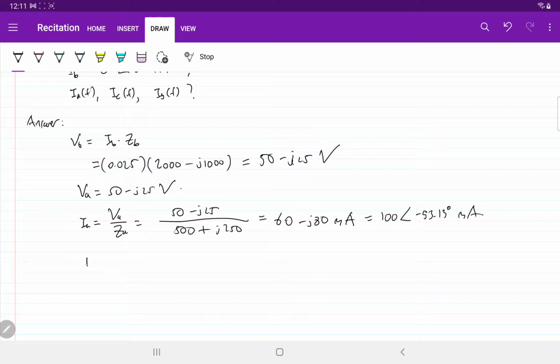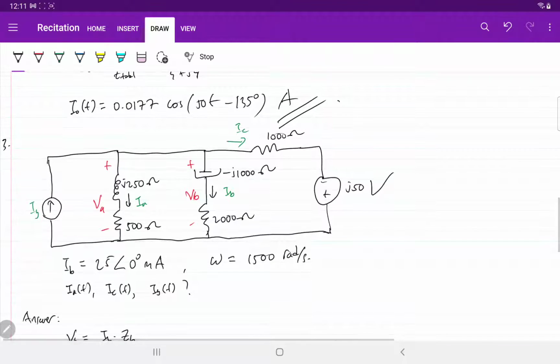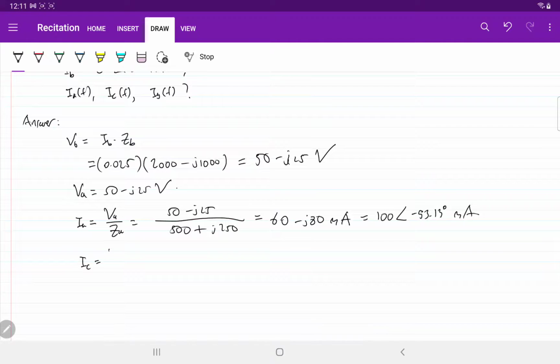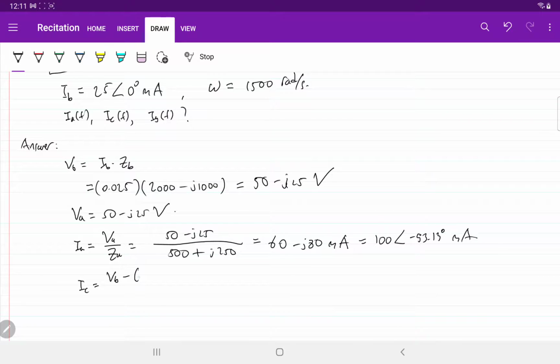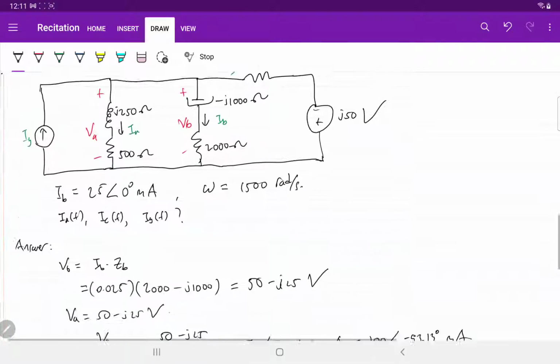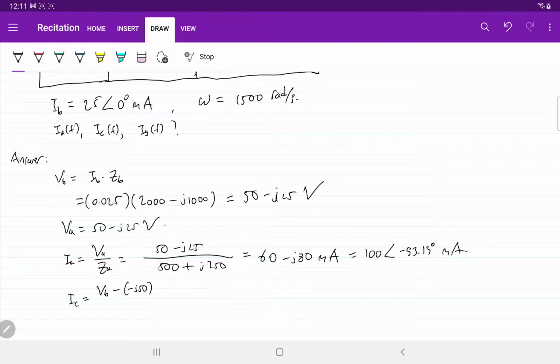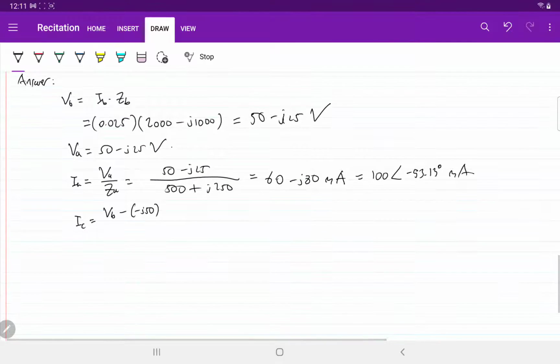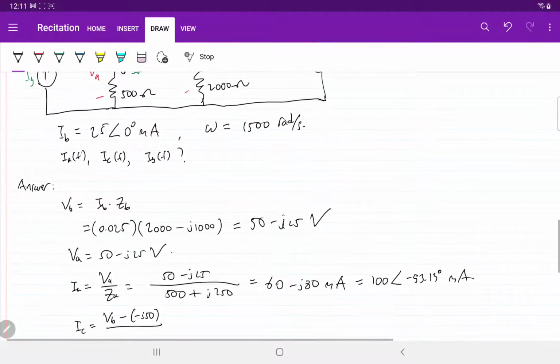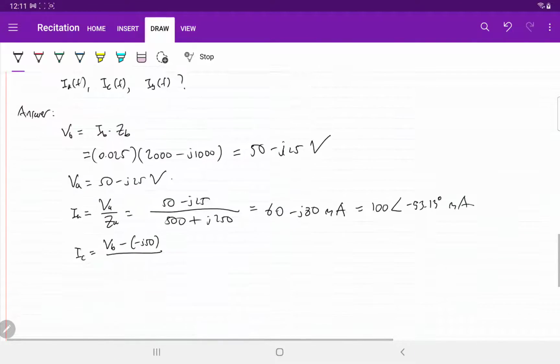Okay, how about IC? So IC is VB minus j50. Why minus j50? Because we see that the sign here is flipped, so this is equivalent to plus, minus with a negative sign, right? It's the same thing, over the total impedance here, which is 1000.